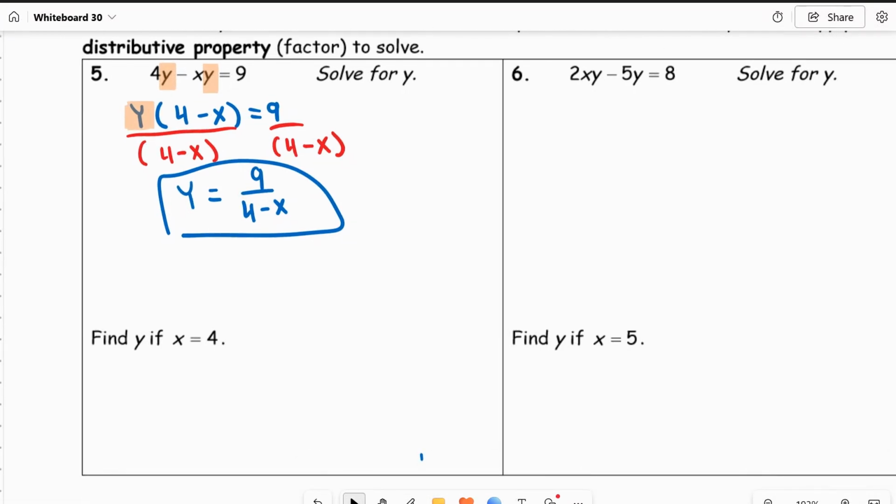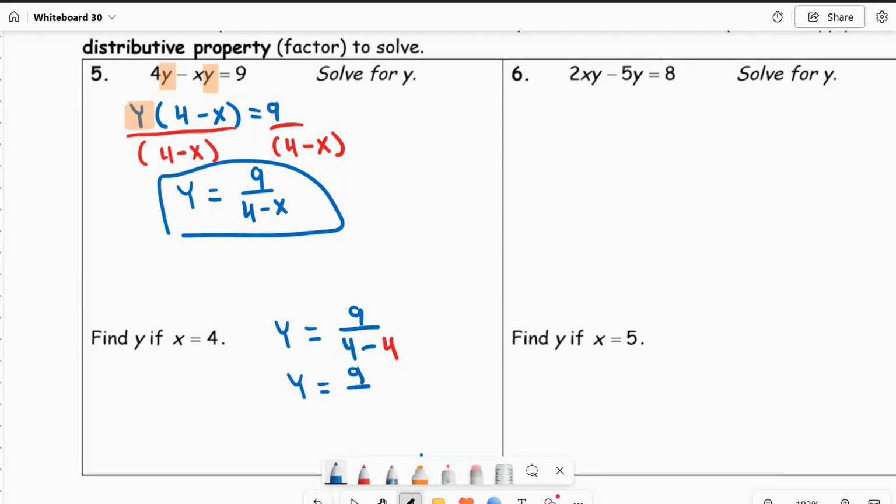Once again, it would like us to evaluate here. So I've got y equals 9 over 4 minus x, which in this case would be 4. Okay, let's go ahead and simplify our fraction. So y equals 9 over 4 minus 4, which is just 0.